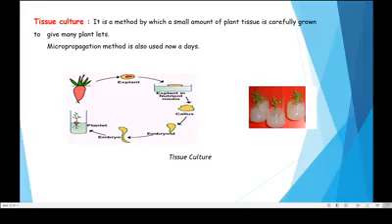Here you can see in this diagram the process of tissue culture. This is a new technique of plant propagation. In this technique, a small piece of tissue, known as an explant, is cut from the parent plant in sterile condition.